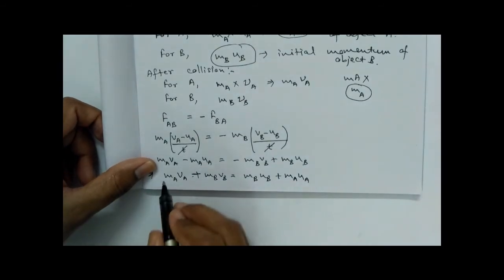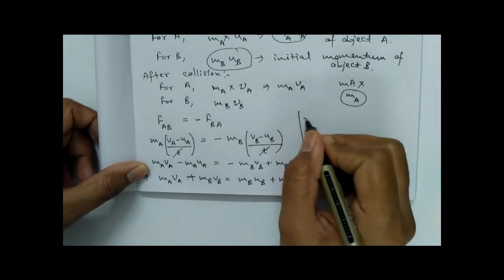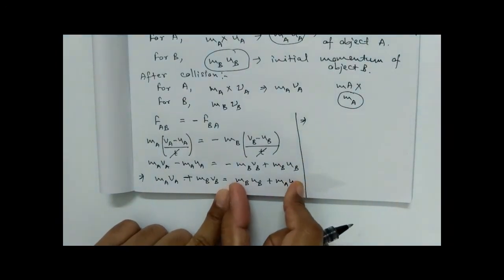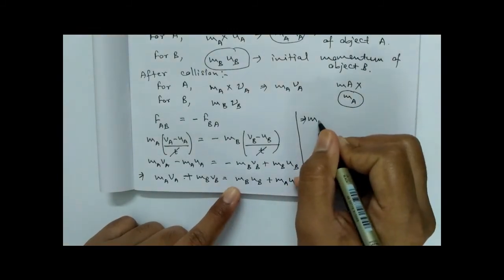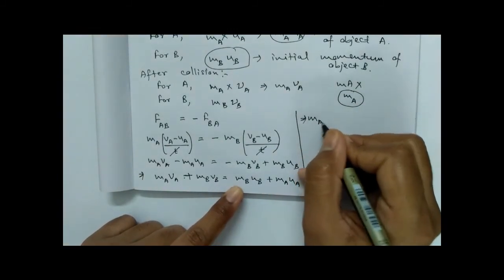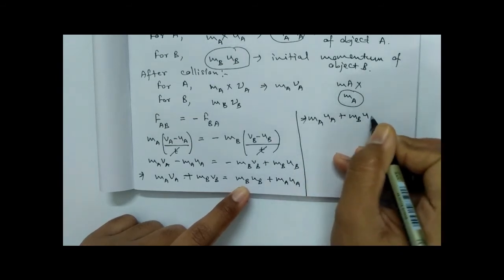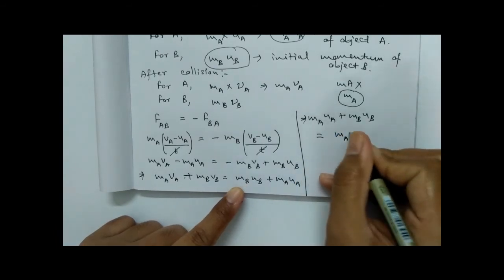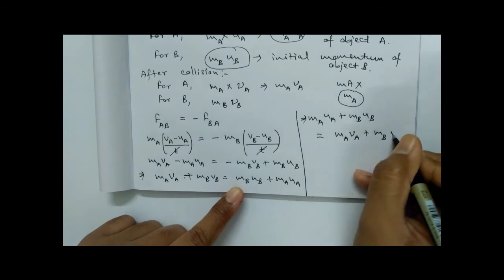This will be the equation. So just rewrite it. Can I write this right hand side first? So it will be maua plus mb ub is equal to ma va plus mb vb.